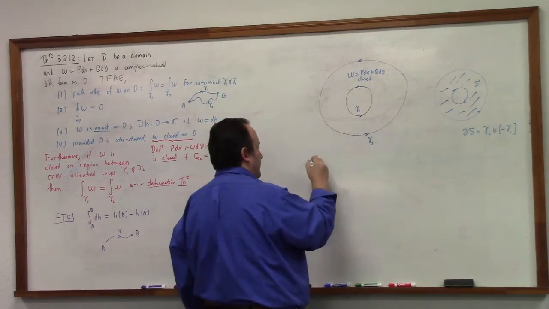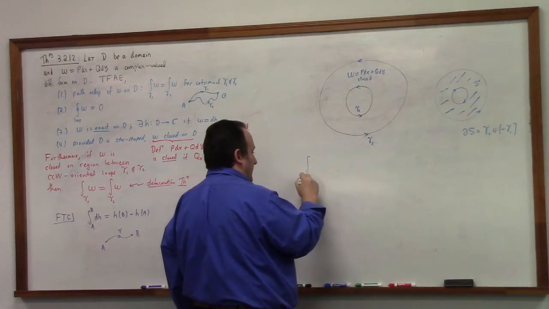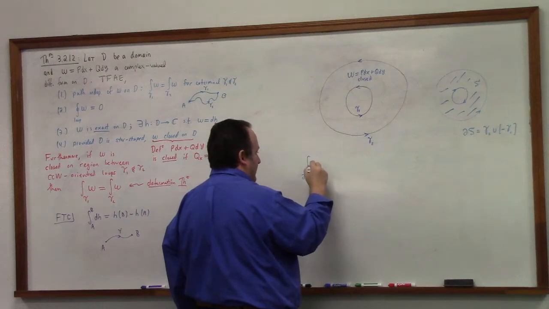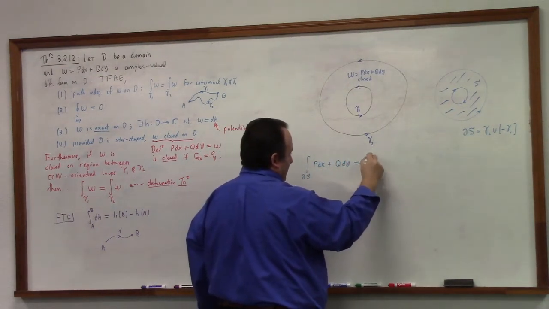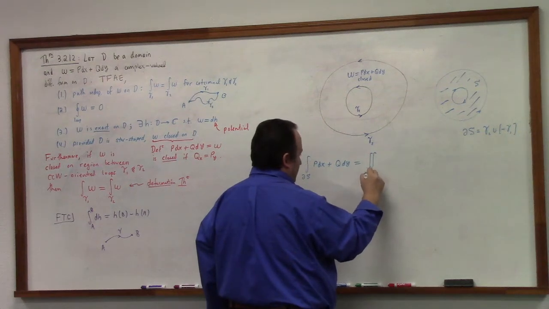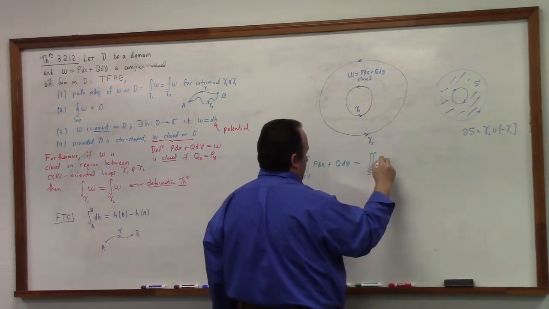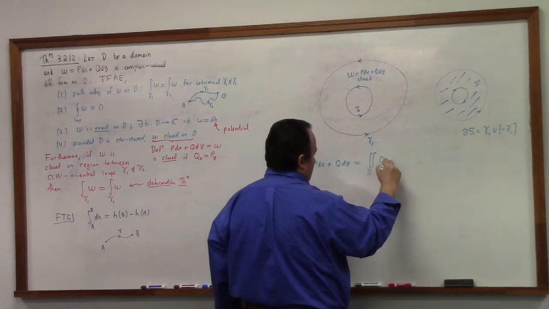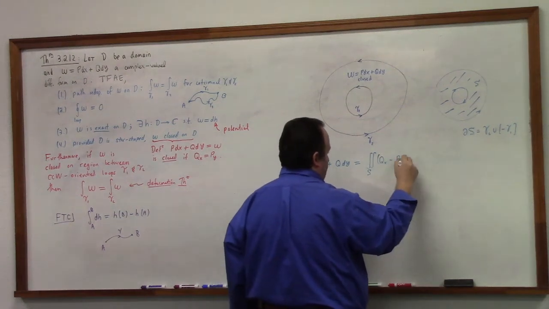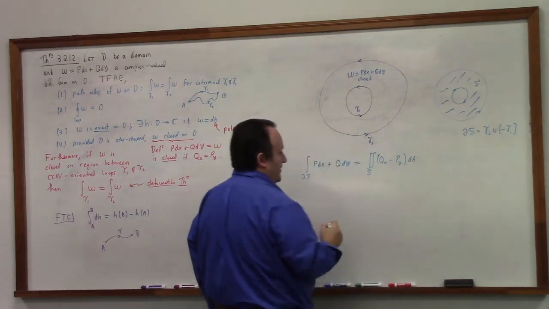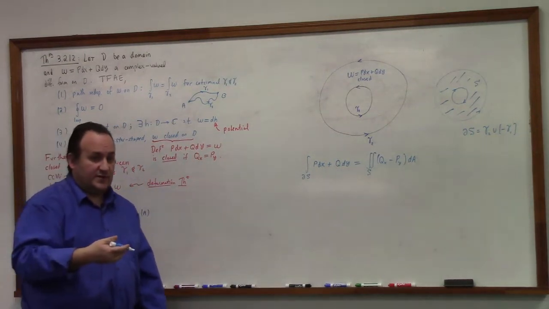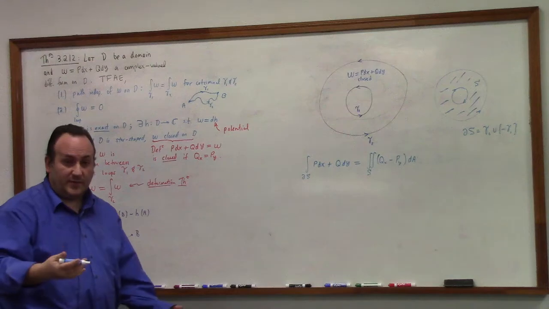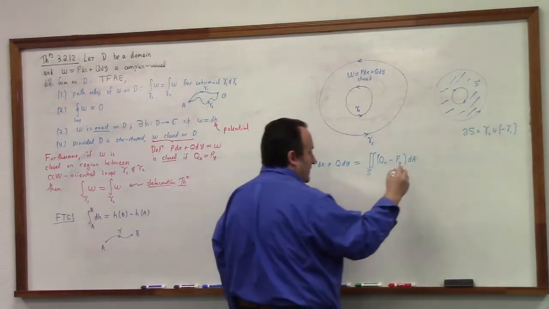And so we have the following: the integral over the boundary of S of p dx plus q dy is equal to the double integral over S of qx minus py. That's Green's theorem. But because this is closed, qx is equal to py, which means that this is equal to 0.